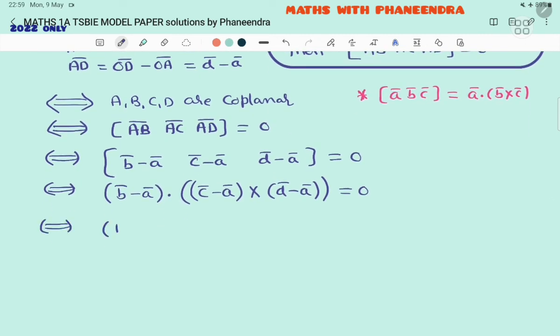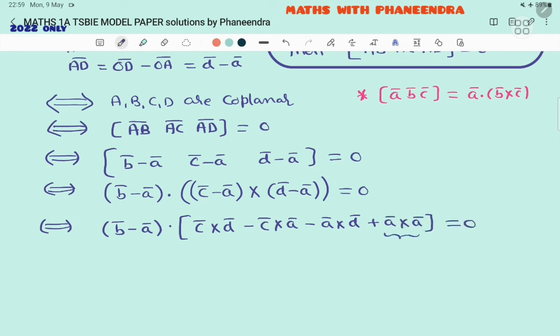Now B bar minus A bar dot the cross multiplication, that means actual multiplication: C bar cross D bar, minus C bar cross A bar, minus A bar cross D bar, minus into minus plus A bar cross A bar. In cross product, when two vectors are the same, their value is 0. You remember, dear students, A bar cross A bar or B bar cross B bar.